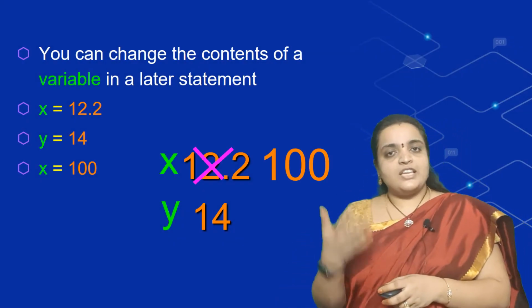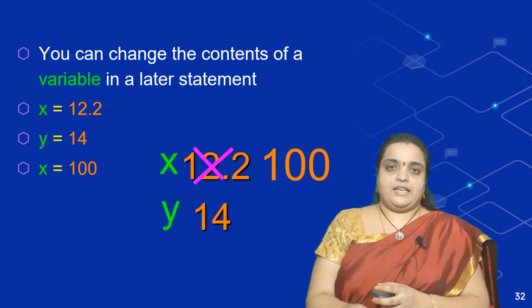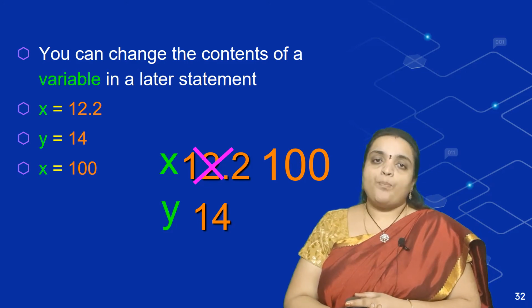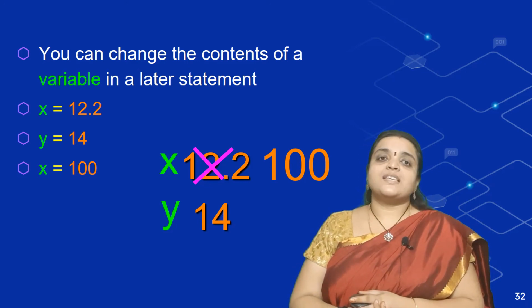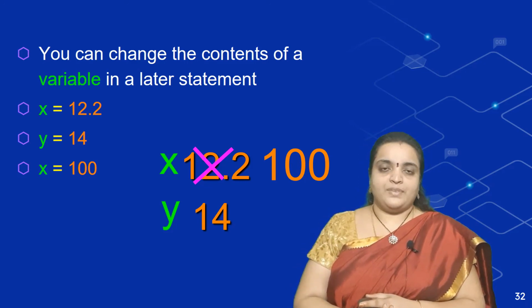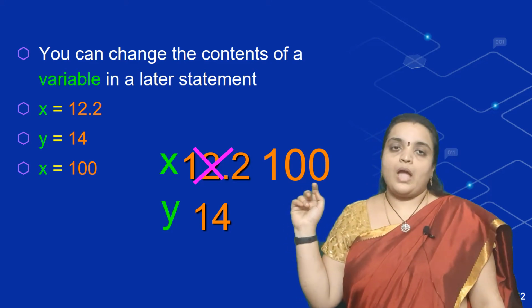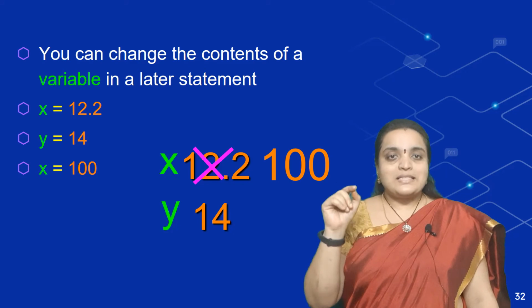You can change the contents of a variable in a later statement. So here x is given as 12.2. Now x is a float type of data, isn't it? Then y is given as 14. Now y is an integer type of data.